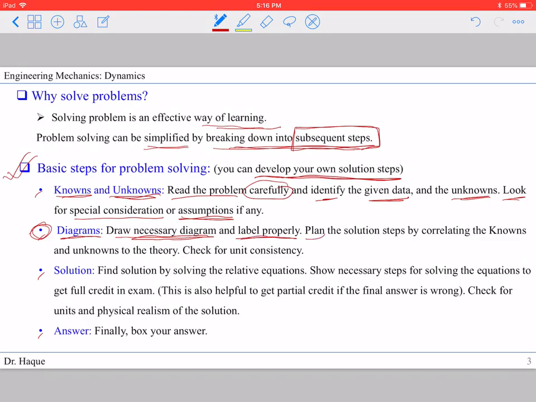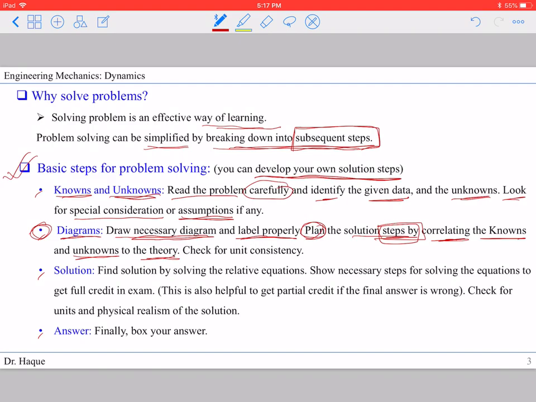Then we have to make a plan for the solution, how step by step we're going to solve the problem by correlating the knowns and unknowns to the theory we have learned in previous classes. If we can connect the knowns given and the unknowns, what is asked for, to the theoretical equations that we have, then we can use those equations to solve the problem.